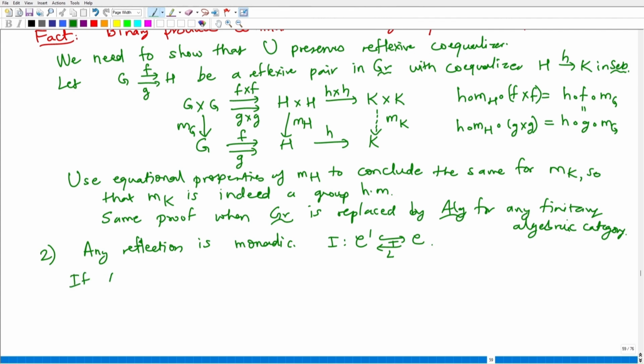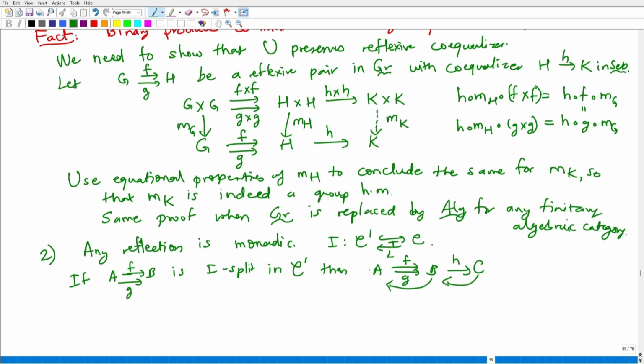So if A to B is I-split in category C prime, then this F, G. I-split means what happens? I embed it inside and then I get this diagram.